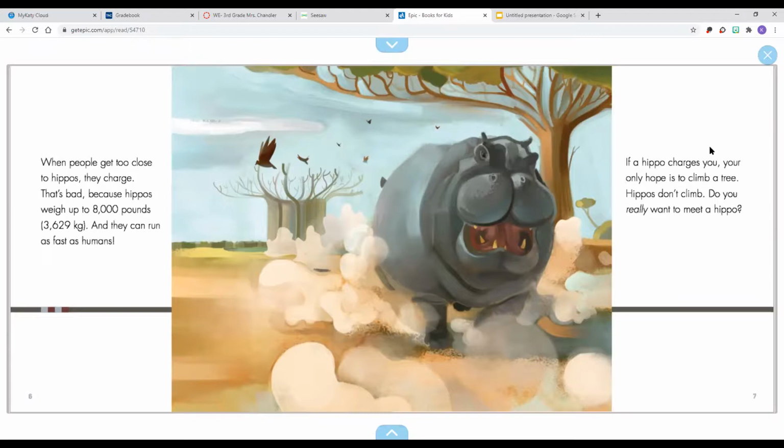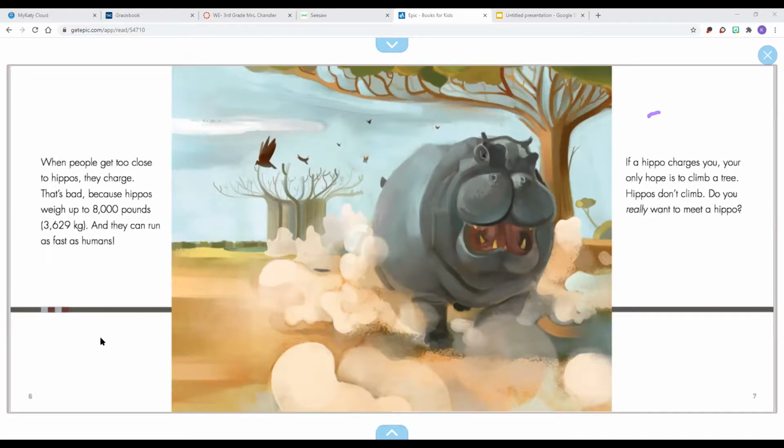There's one really good one on this page that I really like. Katya, what's a really good one on this page that really would tell me, hey, you do not want to meet a hippo? When people get too close to hippos, they charge. That's bad because hippos weigh up to 8,000 pounds. That's two separate details, right?